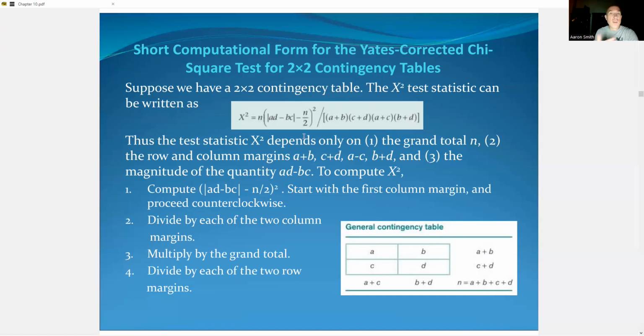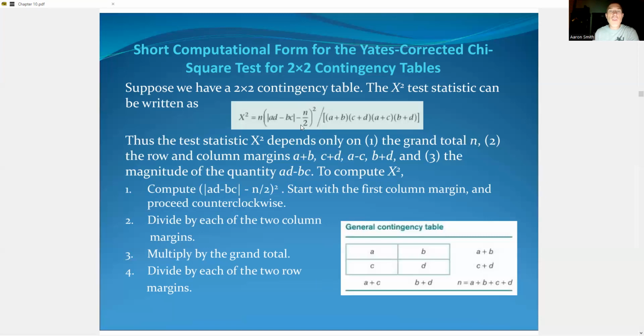So this is really easy to get the test statistic, and the expected value is going to be from a chi-square distribution with 1 degree of freedom. So you can eyeball the results pretty easily.